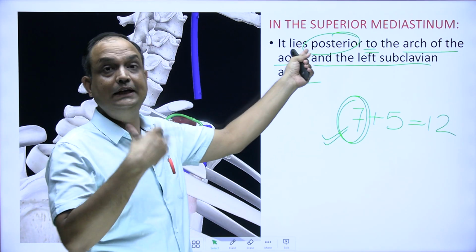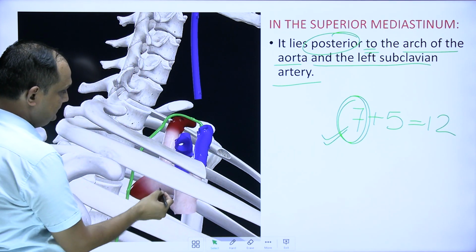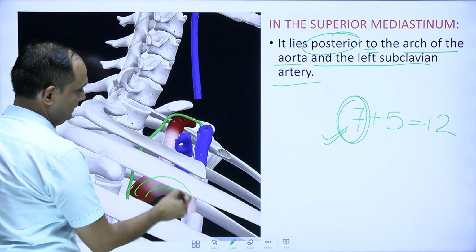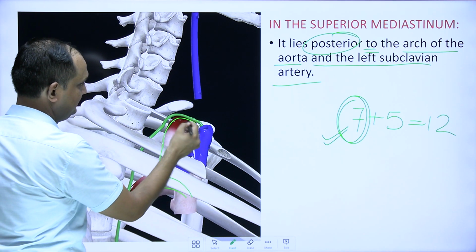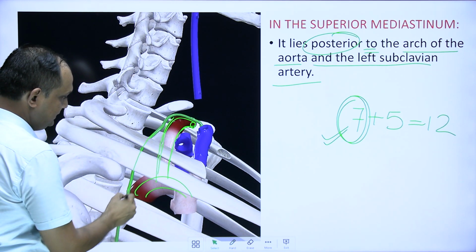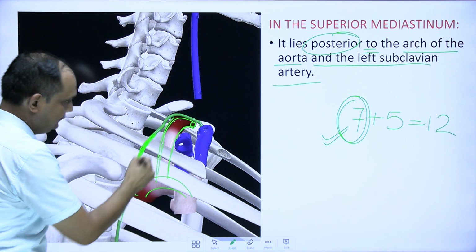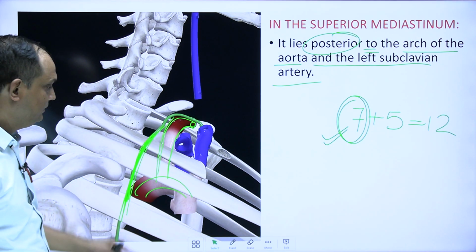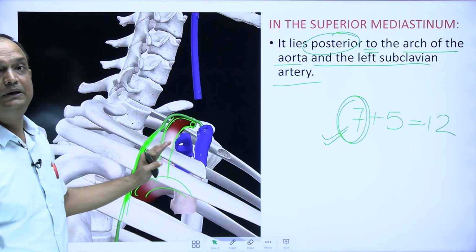Anterior to that, if you go in the superior mediastinum, you will find this is your arch of the aorta, and from the arch you have the origin of the subclavian artery. Still in this area you can see that the thoracic duct lies behind these two vessels. What are the names? The arch of the aorta more specifically, and the subclavian artery.